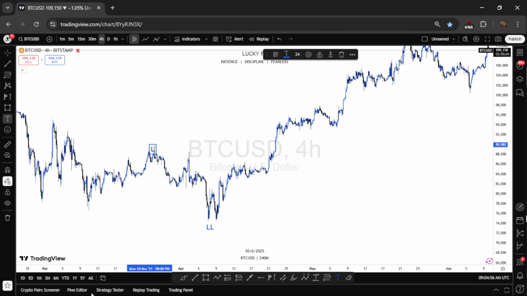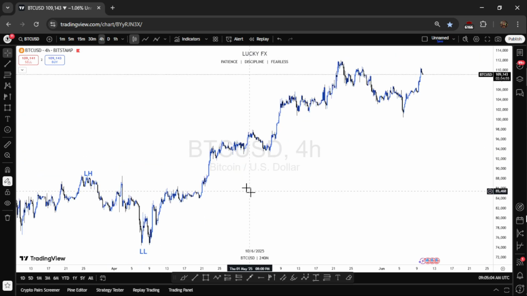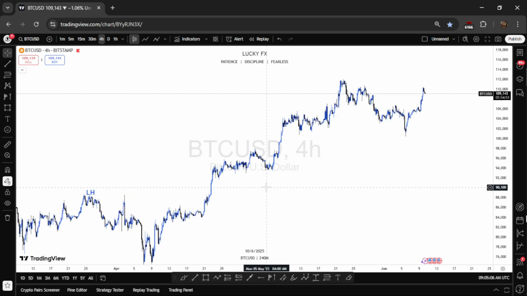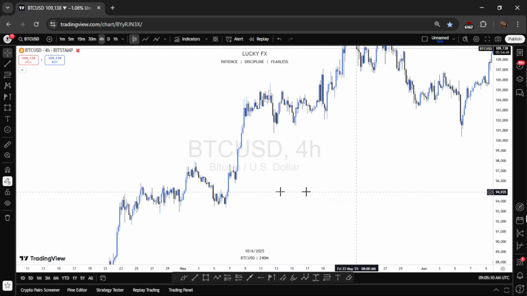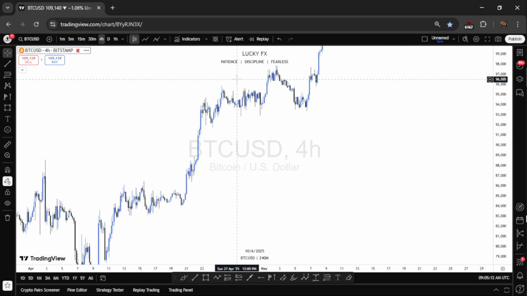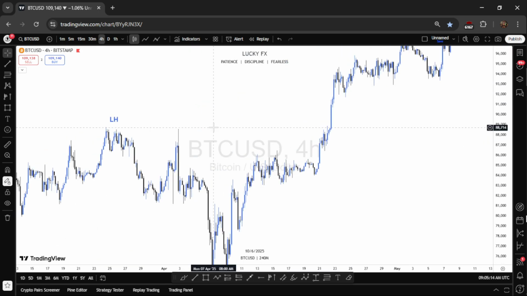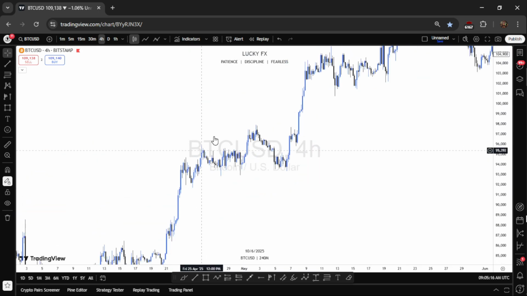Lower high, lower high until price broke it, giving the new one an opportunity to turn into a higher high, right?